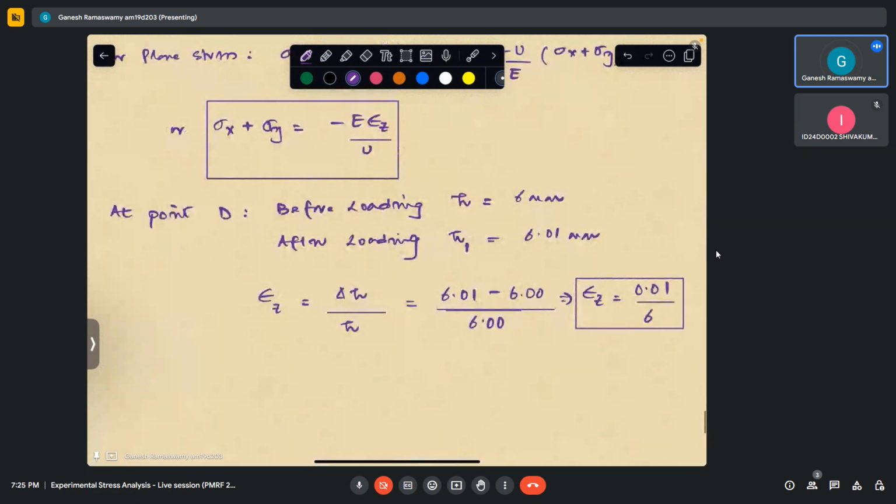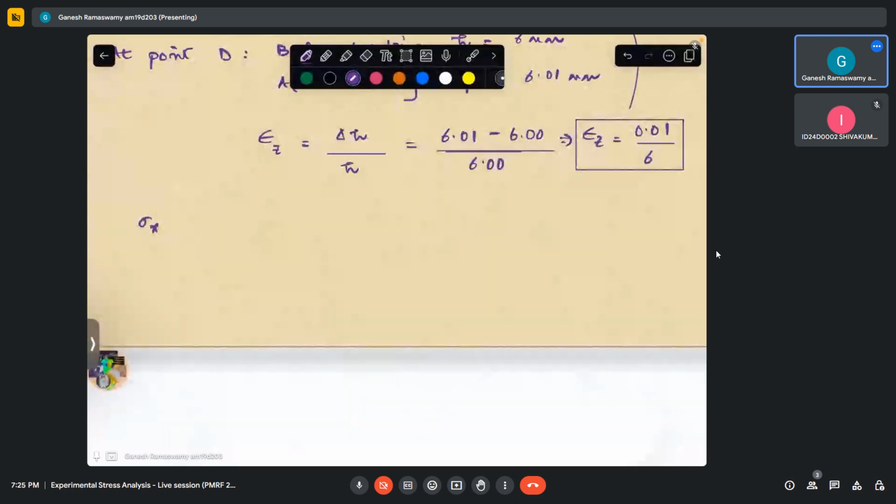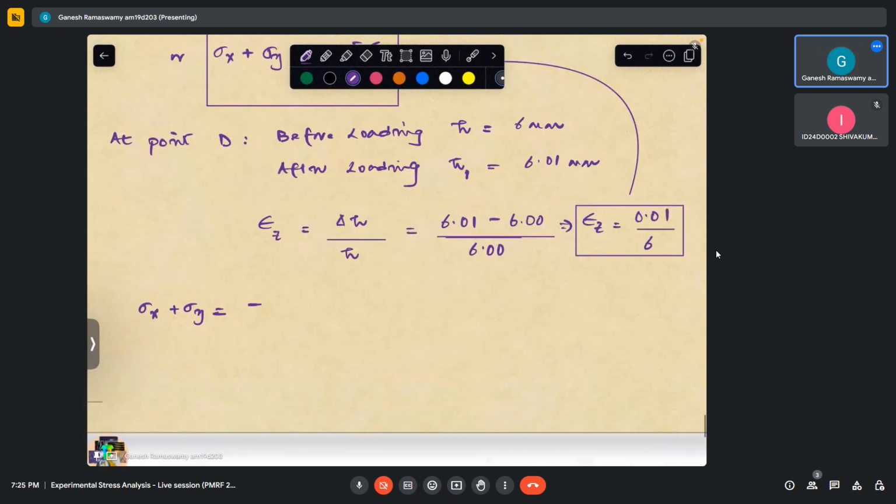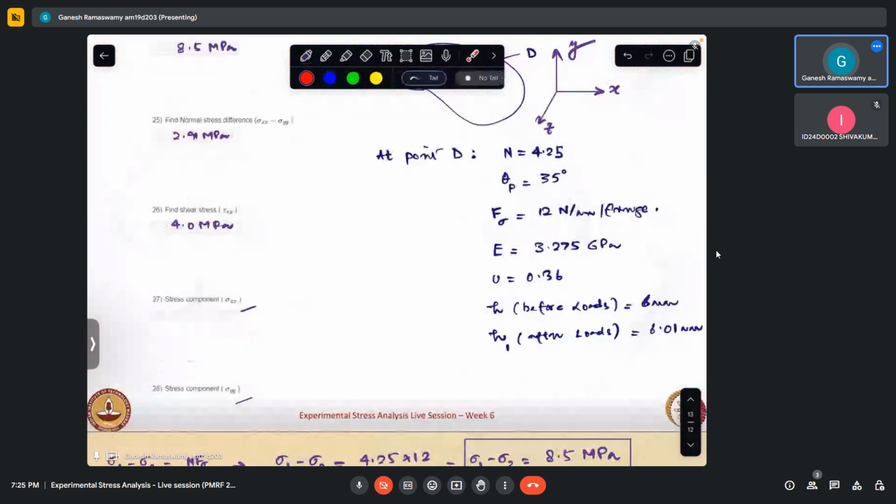Now this I will just substitute here, and I can get sigma x plus sigma y is nothing but minus E epsilon z by mu. What is E for this material? E for this material is given over here. E for this material is 3.275 GPa and mu is 0.36.